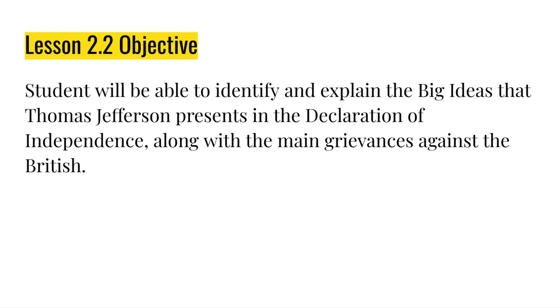Now, in lesson 2.1, we discussed the background of the Declaration of Independence, as well as the historical context in which it came about. You learned that the principal author of the Declaration was none other than Thomas Jefferson, the man who would later become this nation's third president.